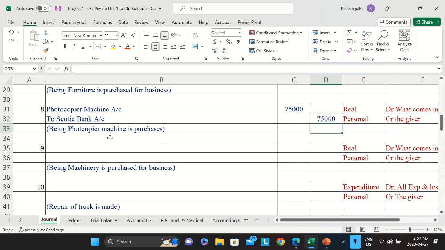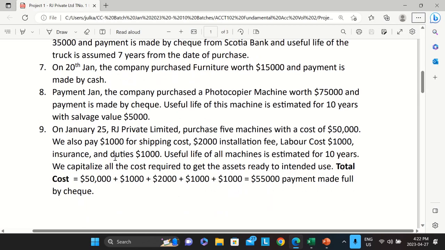Right. So next, ninth transaction is saying that on January 25th, RJ Private Limited purchased 5 machines with a cost of $50,000, and we also pay 1,000 for the shipping cost, 2,000 for installation, labor cost 1,000, insurance and duties 1,000. The total useful life of all the machines is estimated at 10 years.